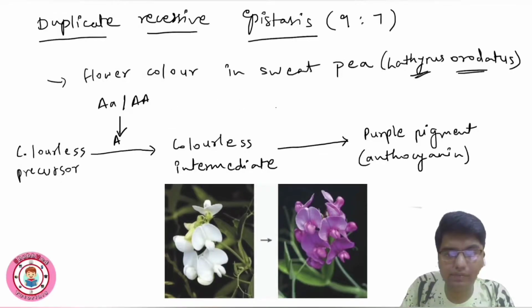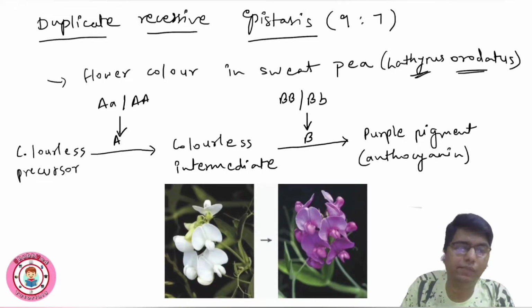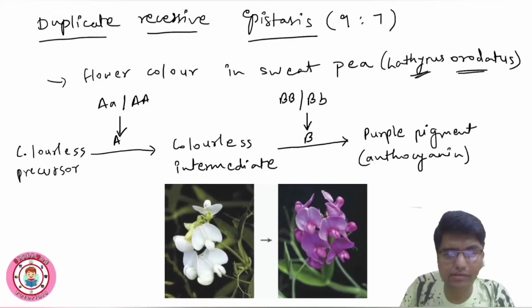Same here with BB or Bb, this will give a product B, basically an enzyme that will convert the intermediate into the purple pigment, anthocyanin. So both of these genes, A and B, dominant ones, are important for the purple pigment appearance, and the recessive ones are not.